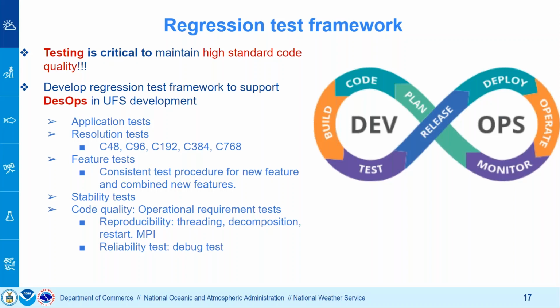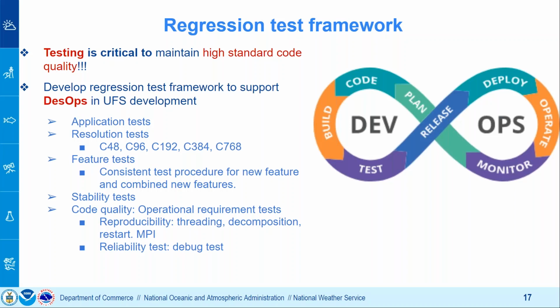We also have some stability tests, and the code quality test, what we call, is very important. The idea is that we need to maintain a certain level of reproducibility. One person who runs the test will get the same result as another person when they have the same environment.